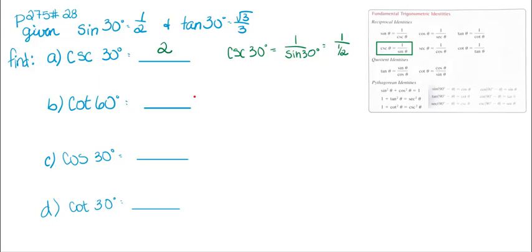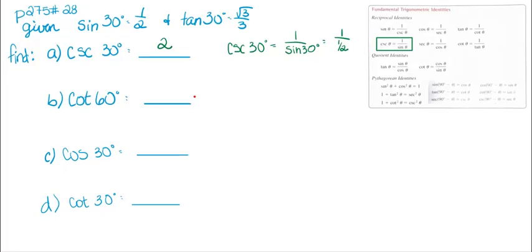And we can see over here by the complementary relationships that tangent and cotangent are cofunctions of each other. Even more specifically, the cotangent of 90 minus theta is equivalent to the tangent of theta. Because we're looking for the cotangent and we have the tangent of theta, that's the one we're going to use.